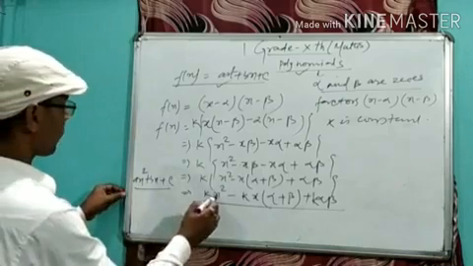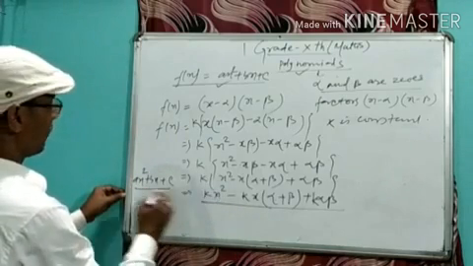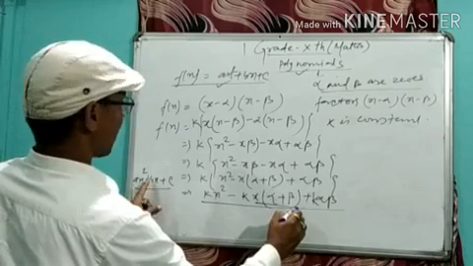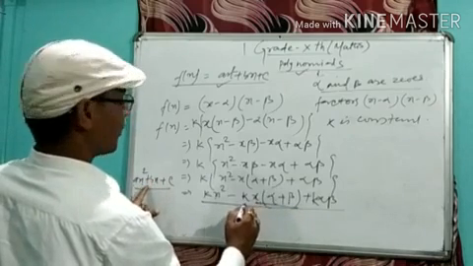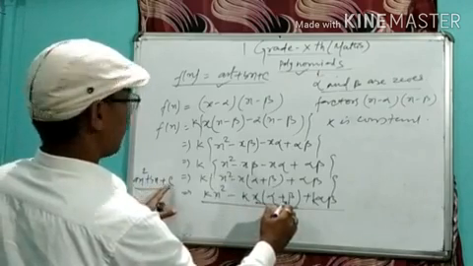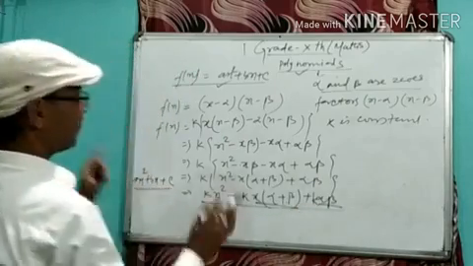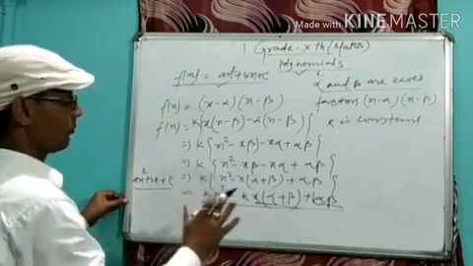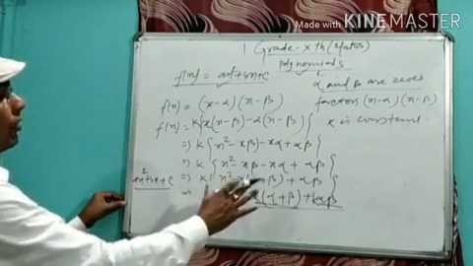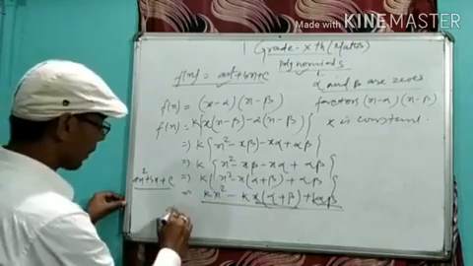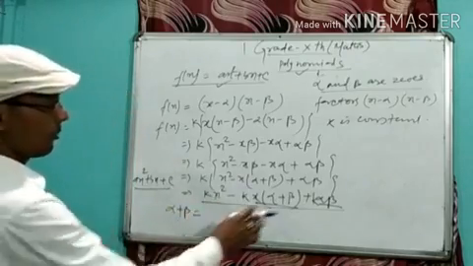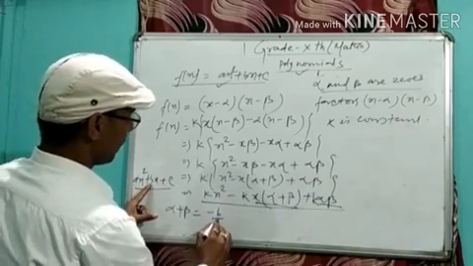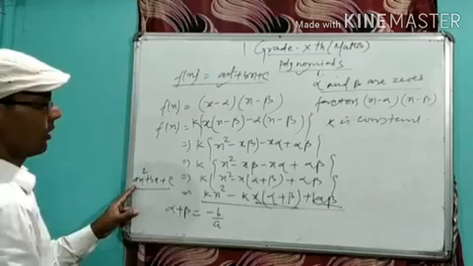So what are you looking at? x square, here k is the coefficient, here a. The coefficient of x is b. Here the coefficient of x is minus k times alpha plus beta. By the comparison between these two forms of the quadratic polynomial, we know that alpha plus beta is equal to minus b by a, the coefficient of x divided by the coefficient of x square.